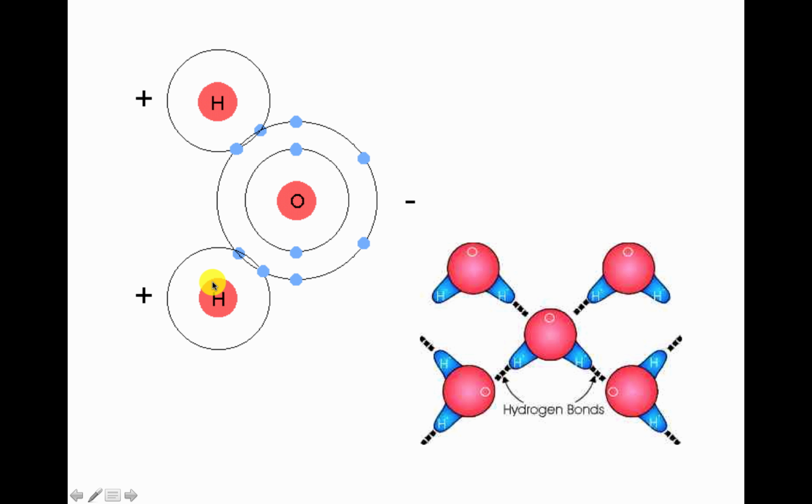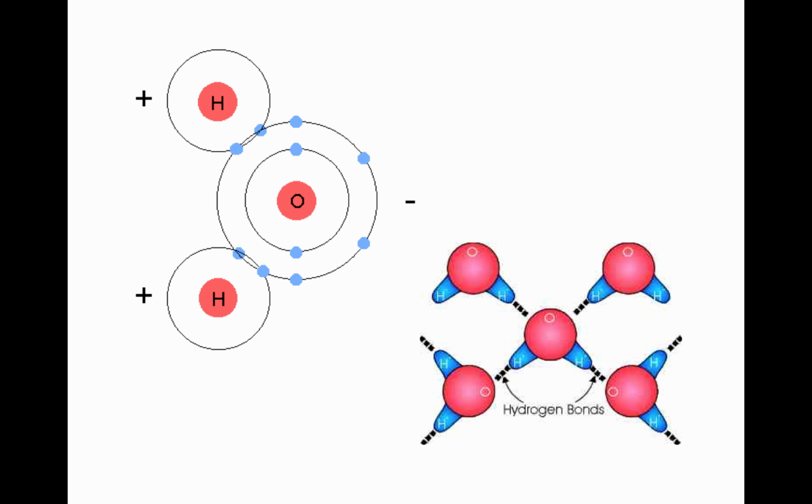Now, I want you to see that the H in the top, O in the bottom here, is sharing one pair of electrons. That is a single covalent bond. This hydrogen with oxygen is sharing two electrons.